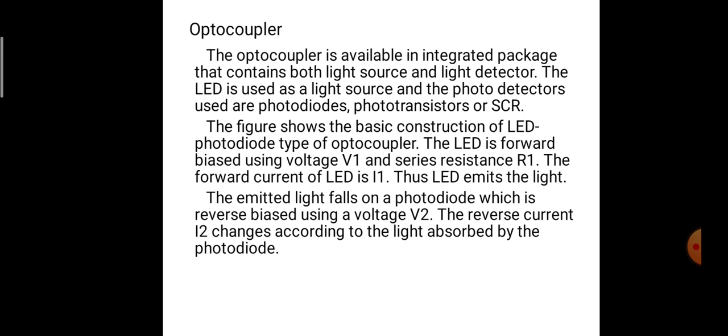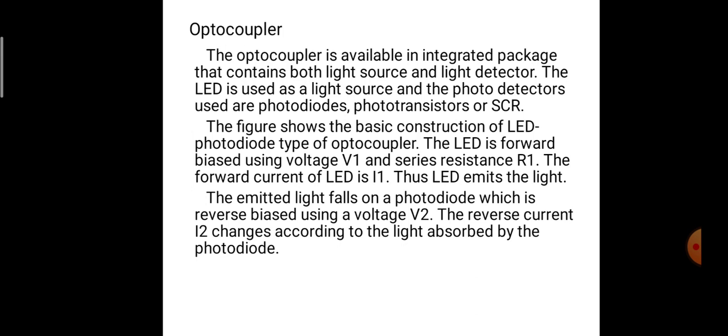The LED is forward biased using voltage V1 and series resistance R1. The forward current of the LED is I1, thus the LED emits light. The emitted light falls on a photodiode which is reverse biased by a voltage V2.